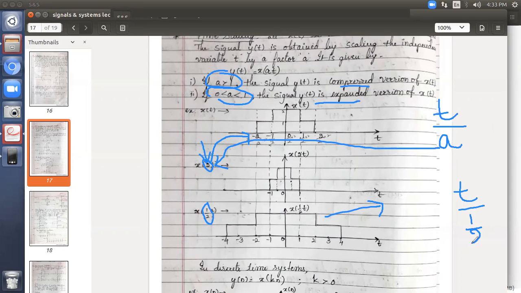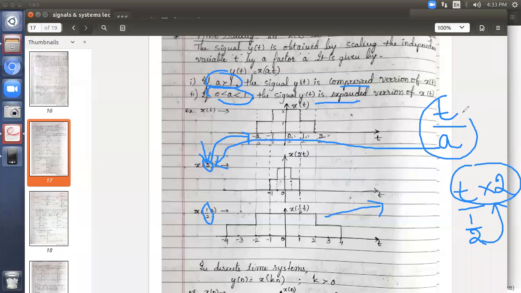A is given as 1 by 2. Hence, denominator of the denominator comes to the numerator. You will get 2. Remember, whenever you want a bigger value, you multiply. Whenever you want a smaller value, compression, then you will divide. This is a general thing, right?